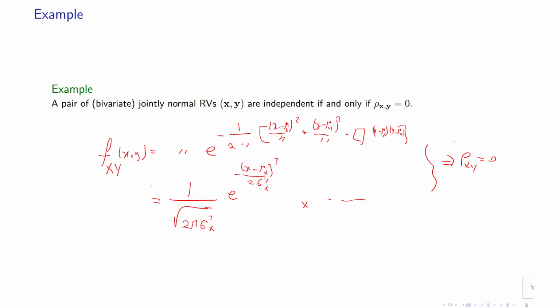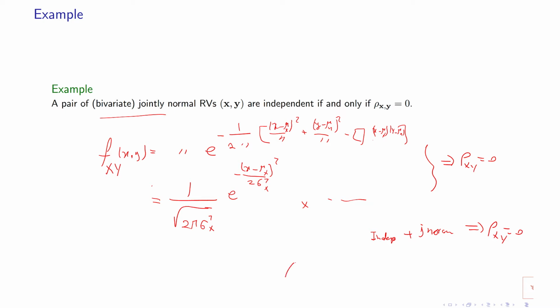So if you have independence plus jointly normal, then you have rho_xy equals 0. This is one side of this theorem.